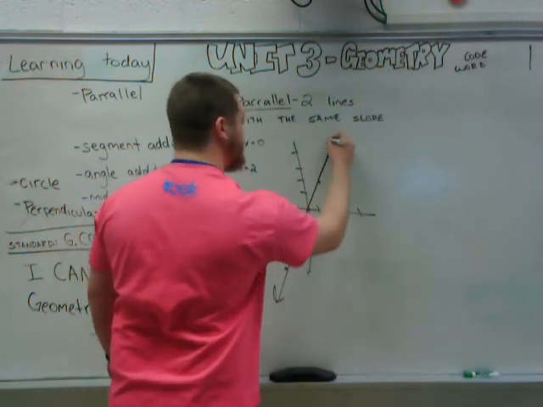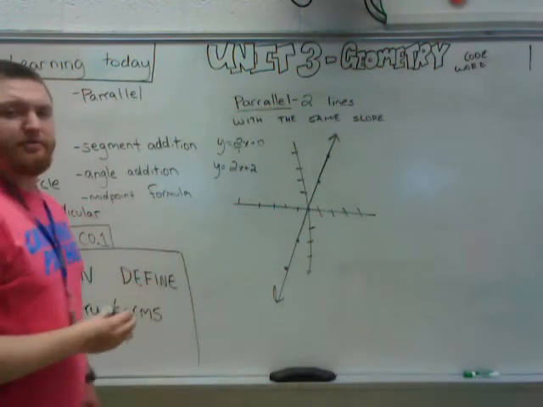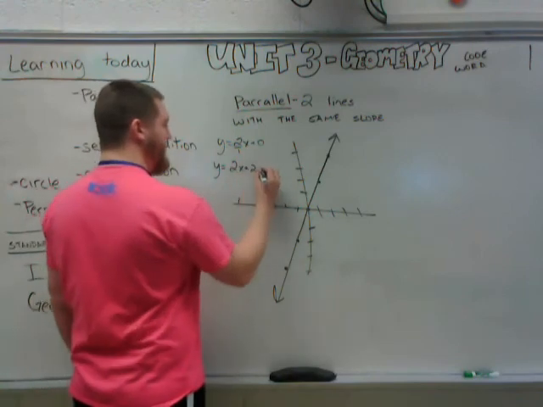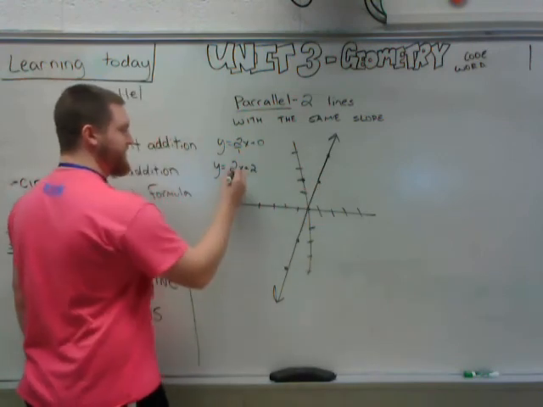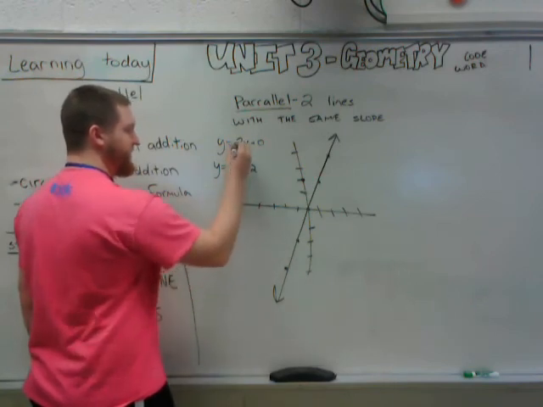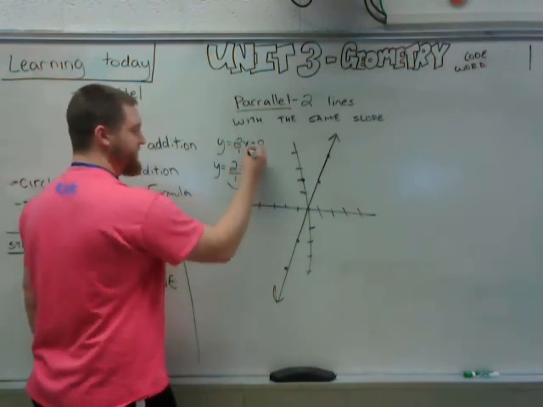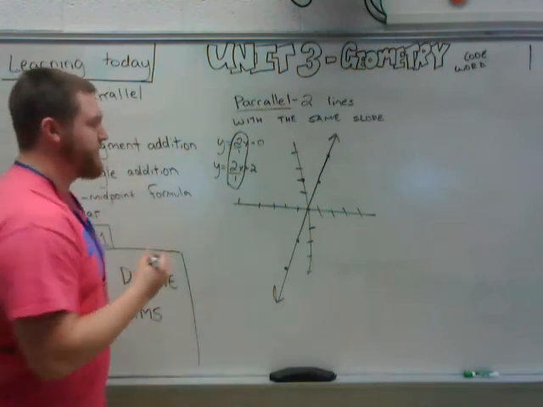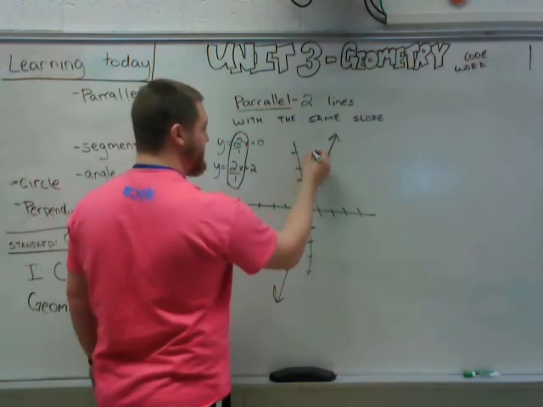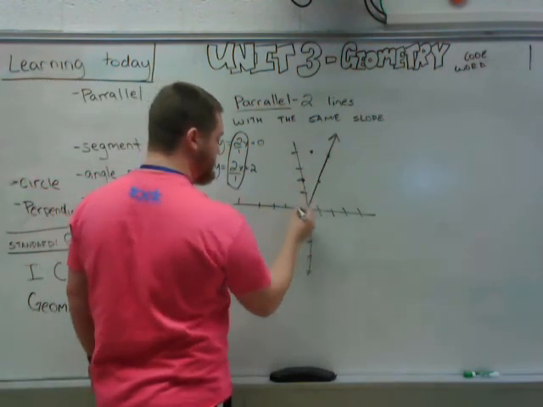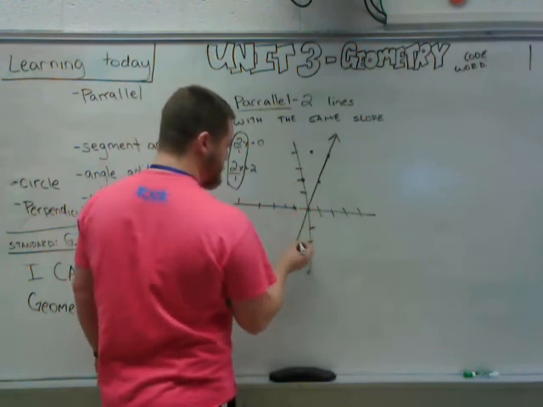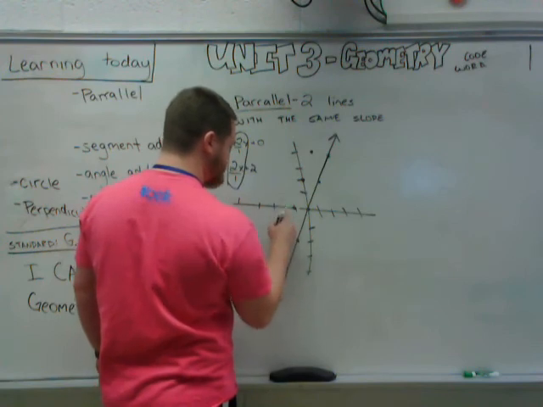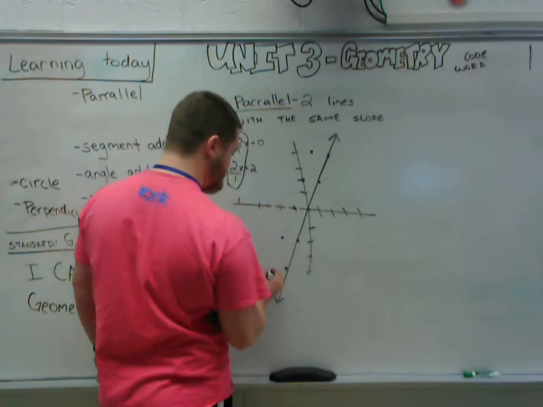So there's line 1. Let's graph line 2. My y-intercept is 2, so let's start there. And my slope is the same, 2 over 1. Notice that they are the same. I'm going to try and circle that. So now I rise 2, run 1. Down 2 over 1, and down 2 over 1.